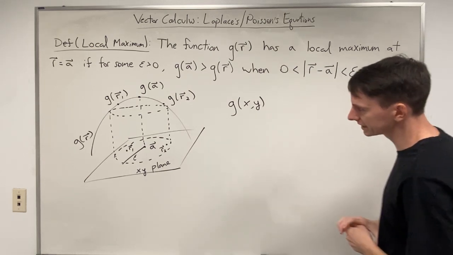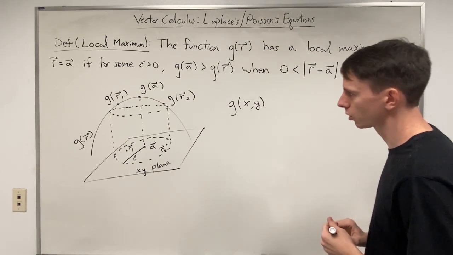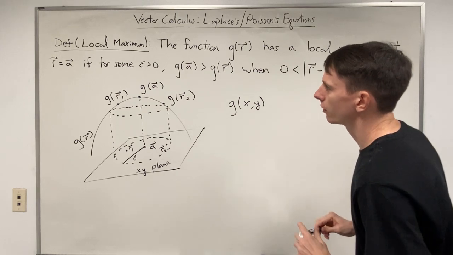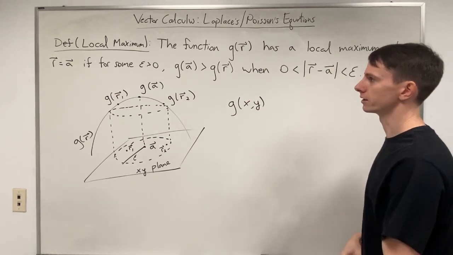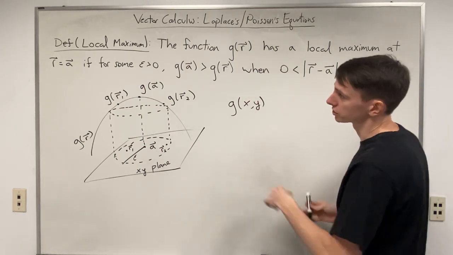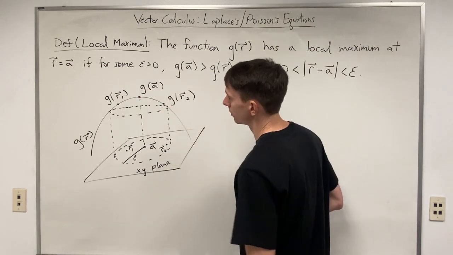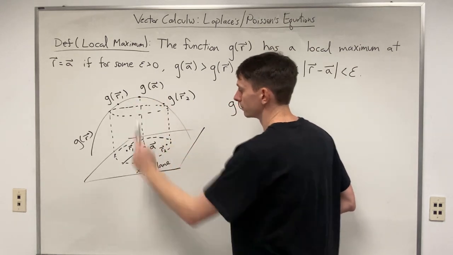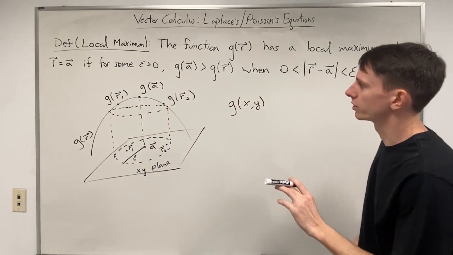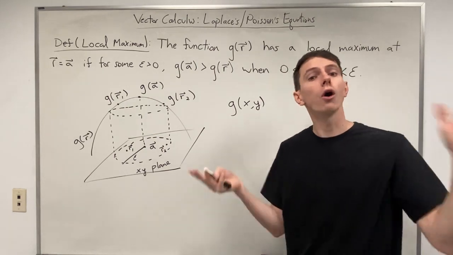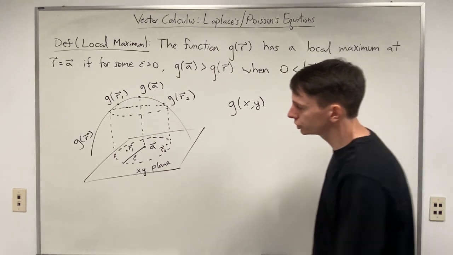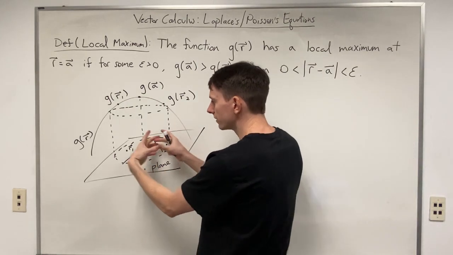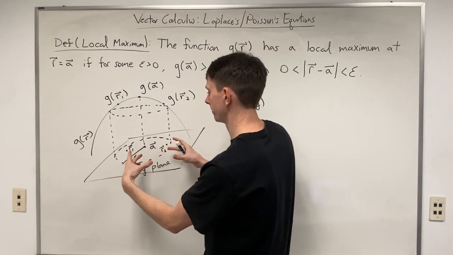Now, the last thing that I want to mention is that with this local maximum idea, there are two things. First is that with the local maximum, this is true for some value of epsilon. Notice that we're not saying that this needs to be true for all values of epsilon. As long as you can define some value of epsilon, you have some neighborhood that you're working within.